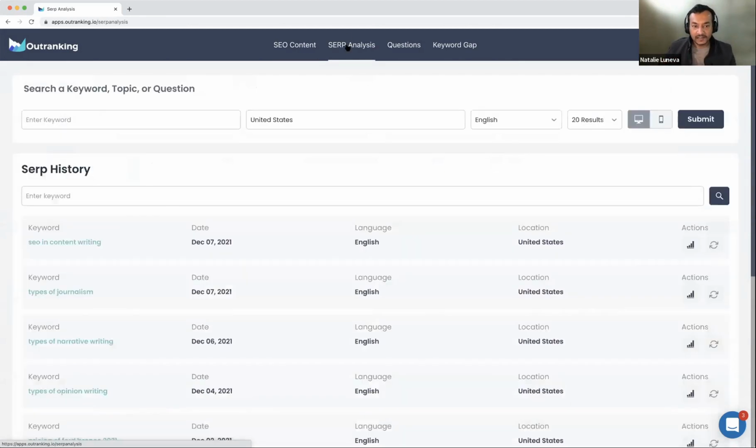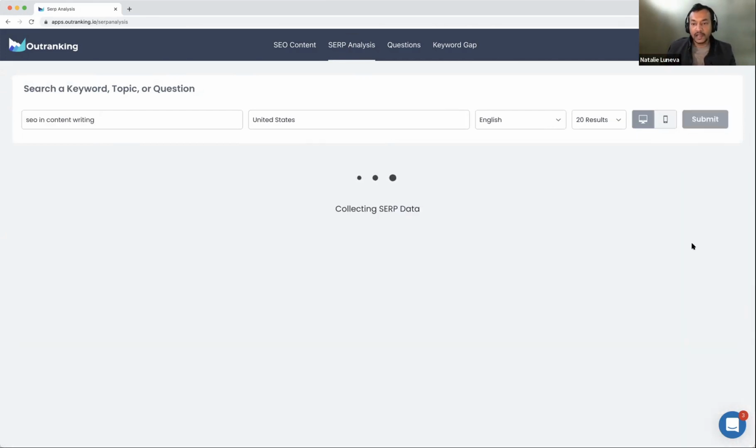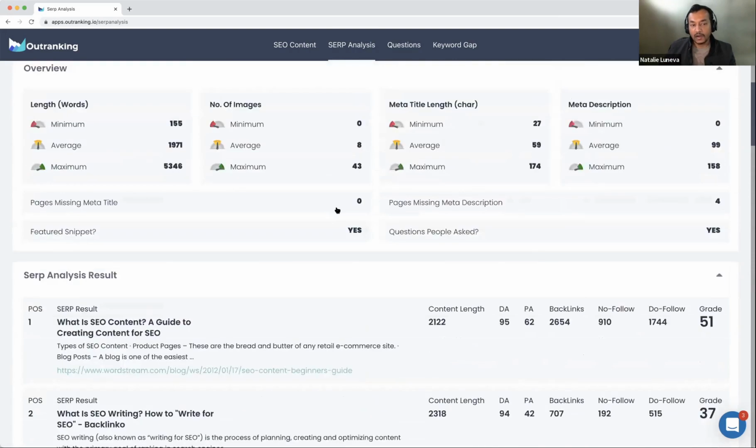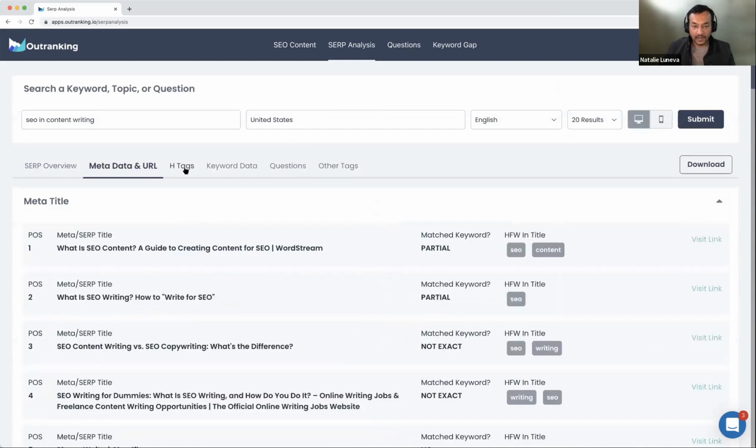Okay, there's SERP analysis as well. So all the recommendations that Outranking is giving is based on SERP analysis. We also have a separate feature that lets you dig deeper into all the data of up to 30 ranking pages and extract all the information or understand what makes up that ranking factor, right?